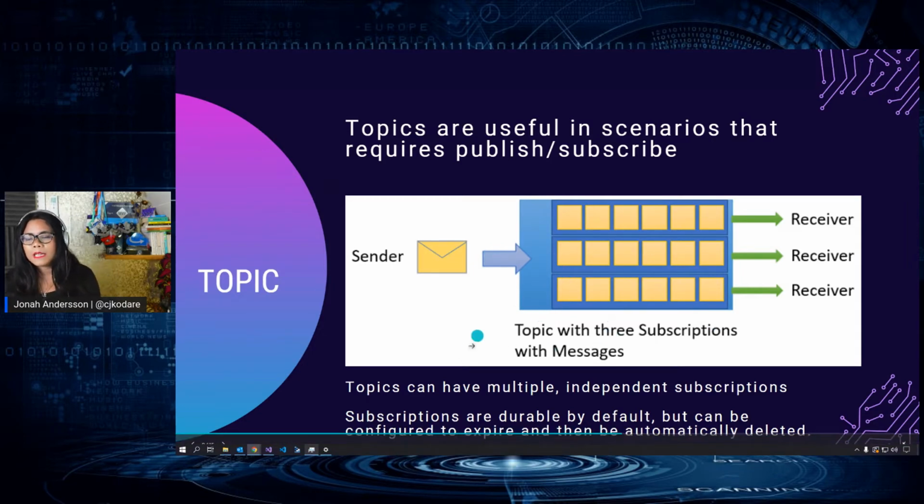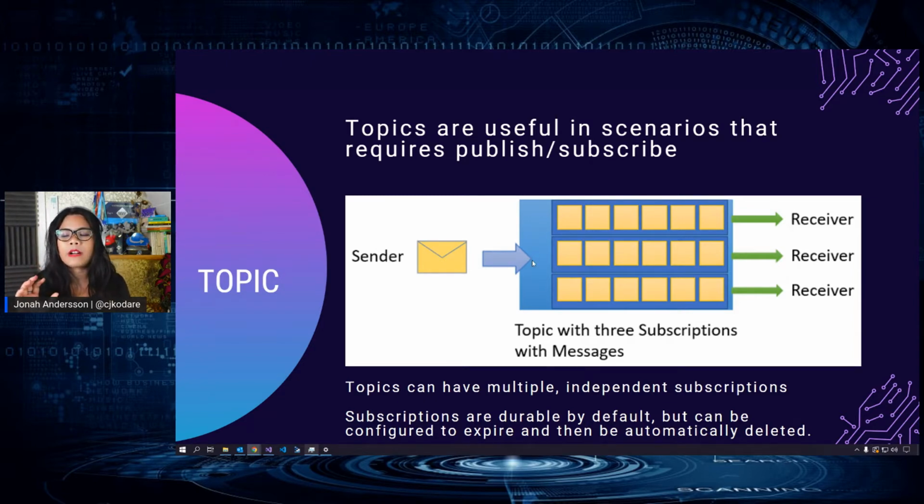So basically, topics, as mentioned, are one to many, which means that a topic can have multiple, several, or independent subscriptions. Receiver one, for example, can be subscribed to one or two topics out of 100, or a receiver can be subscribed to just one of them.